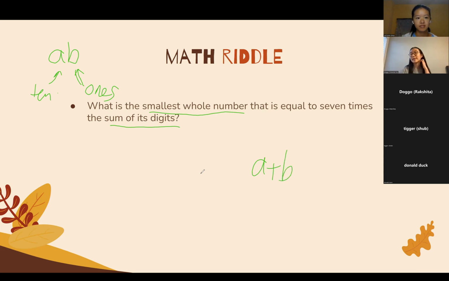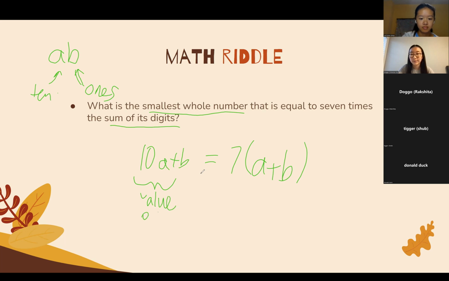And it says it's equal to 7 times the sum of its digits, so that would be 7 times the quantity of A plus B. And if we want to represent the value of the whole number, that would be 10 times A, because A is in the tens place, plus B. So for example, if we had 35, that would be 10 times 3 plus 5.